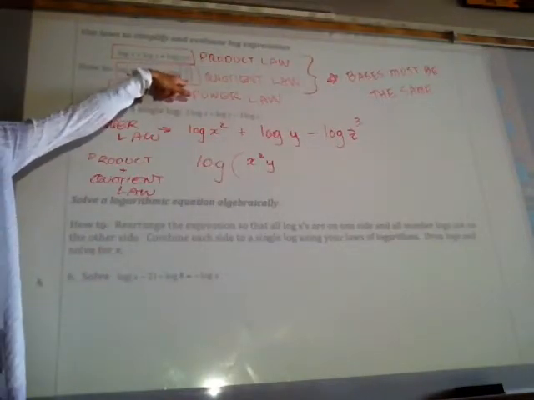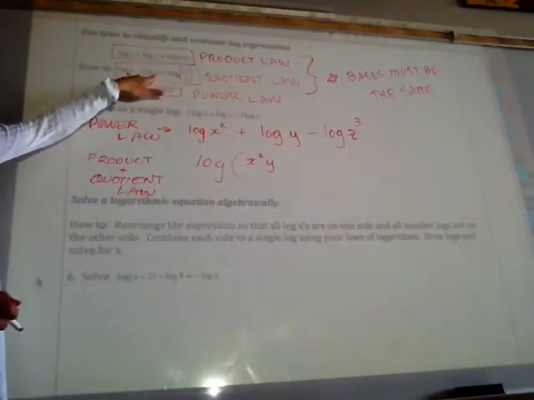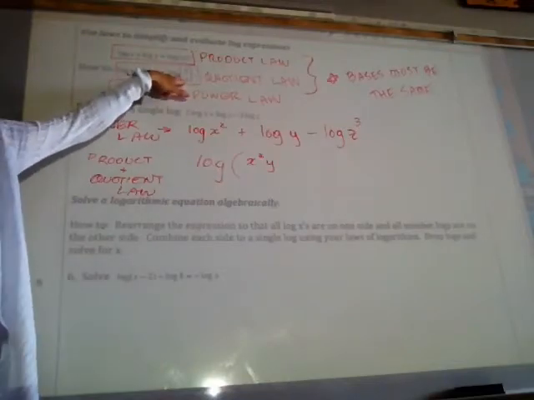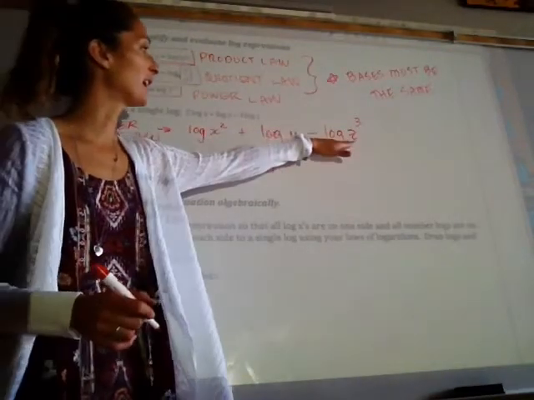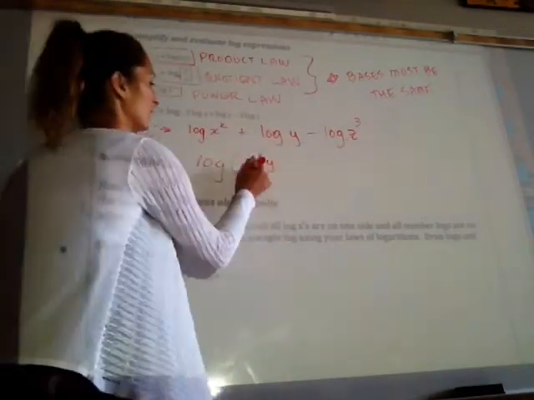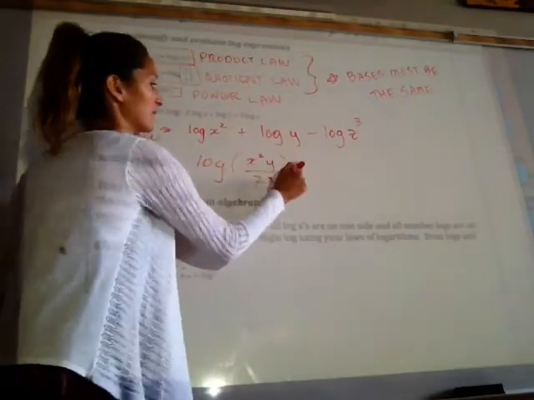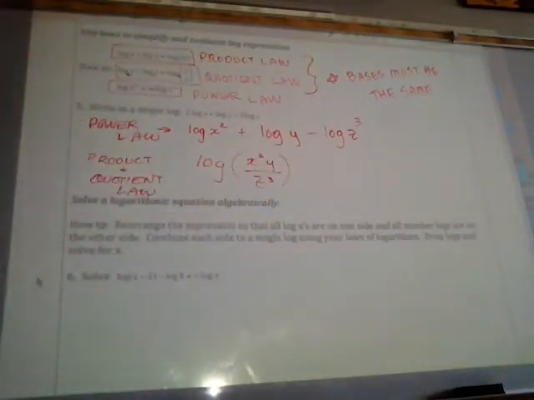It goes in the denominator. Here, log y was being subtracted, y is in the denominator. Here we're subtracting z cubed, so z cubed is in the denominator. And we're done. That's a single log. Not so bad, hey? We're going to freeze there today, pick it up tomorrow.